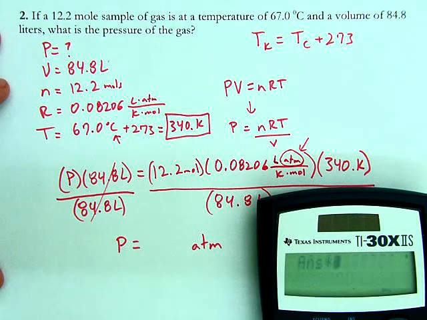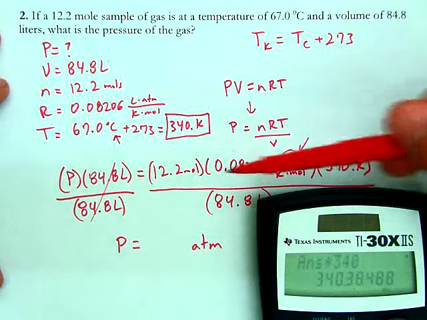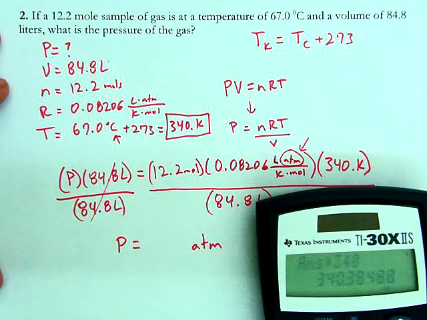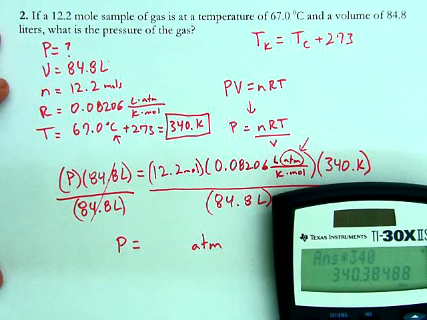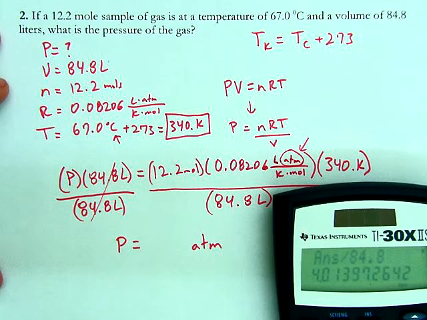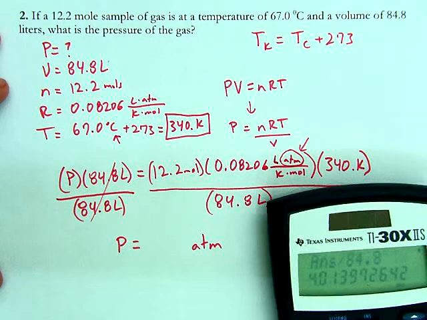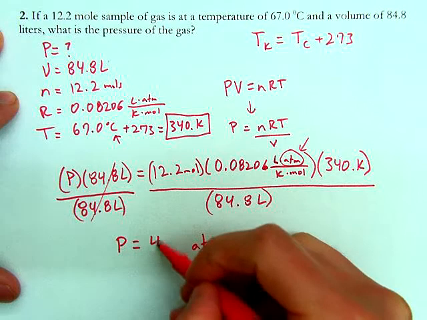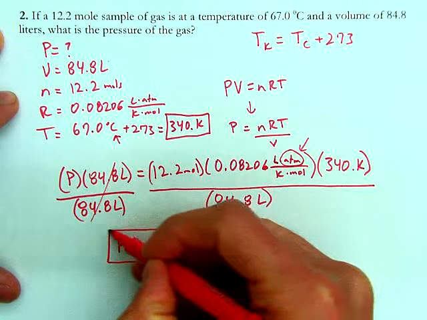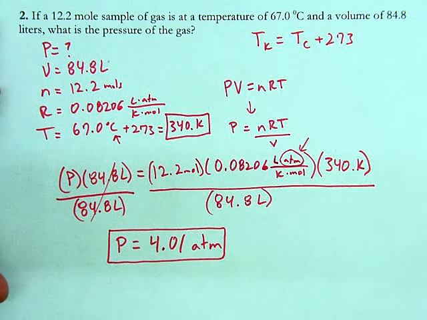So when you multiply by 340, you get a number very close to 340. So when you multiply all these numbers on top, it's still very close to 340. We're then going to divide that by 84.8, and we get 4.01. 4.01 atmospheres of pressure.